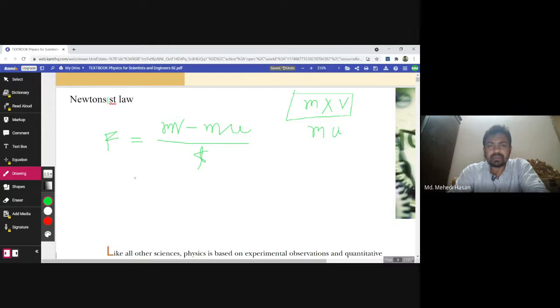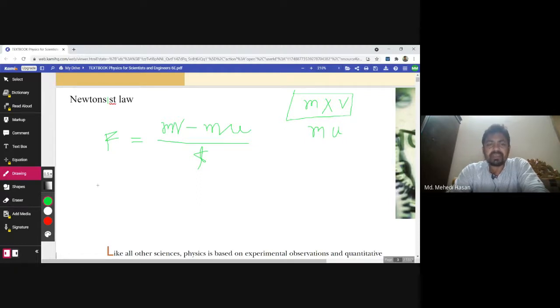Then we know that if we take m common, then m times (v minus u) by t. We know that (v minus u) by t is acceleration according to the equation of motion, which is v equal to u plus at. So acceleration equals (v minus u) by t.